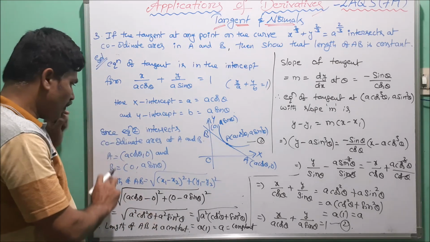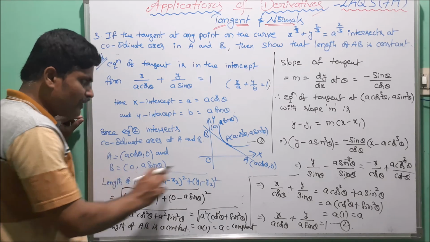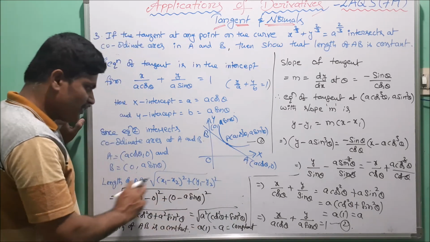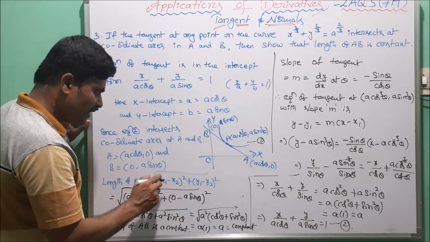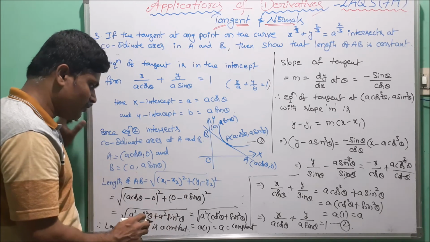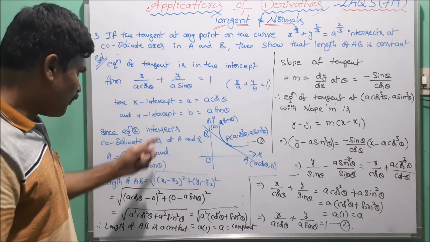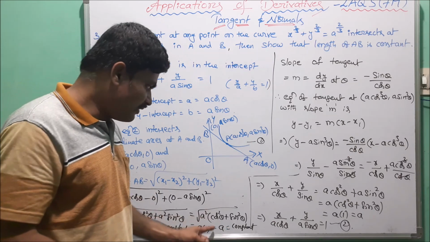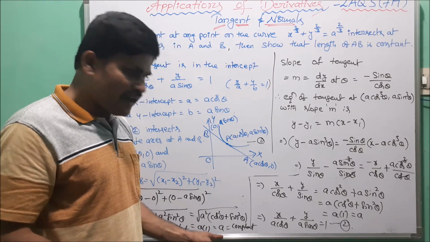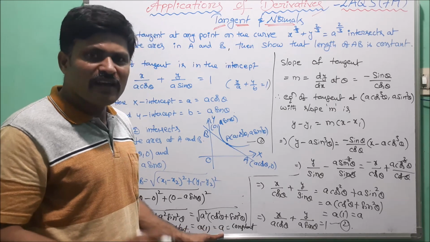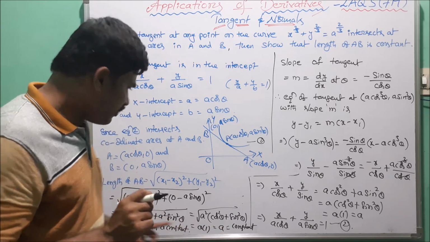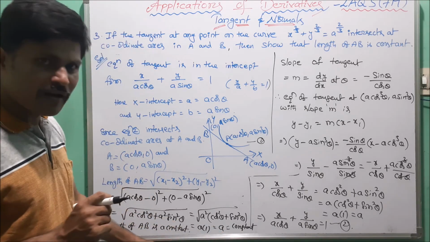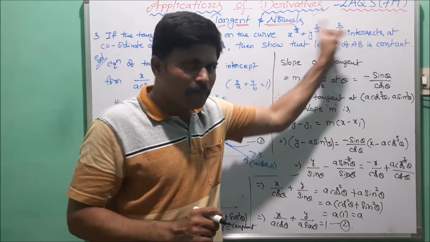Now we take these 2 points and find length AB using the distance formula, square root of x1 minus x2 whole square plus y1 minus y2 whole square. The points are substituted in that formula and simplified. Clearly that value equals a. We observe a is a constant. So therefore the length of AB is a constant. So this is our proving result.